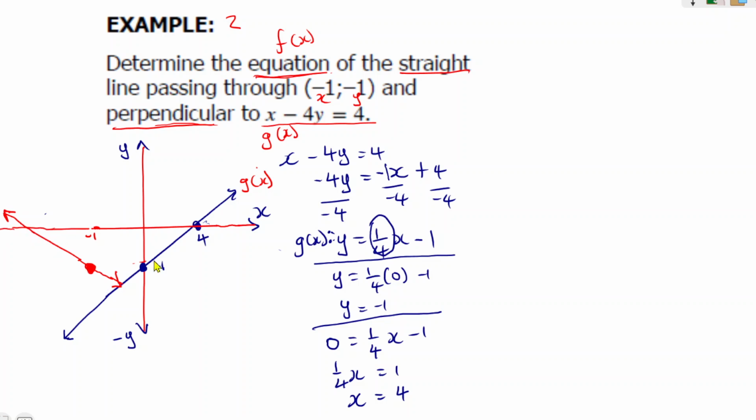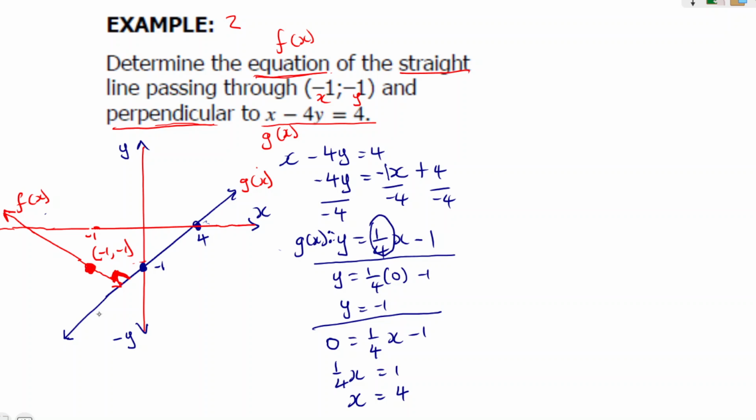This line is perpendicular, it is perpendicular to g of x. I'm going to call this line f of x. It's passing through the point negative 1, negative 1.